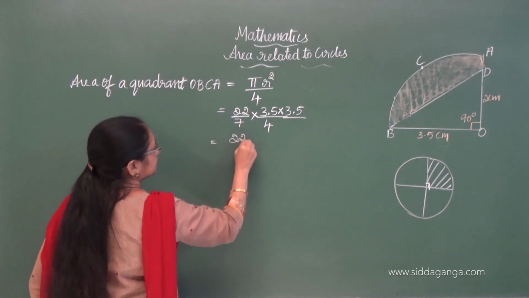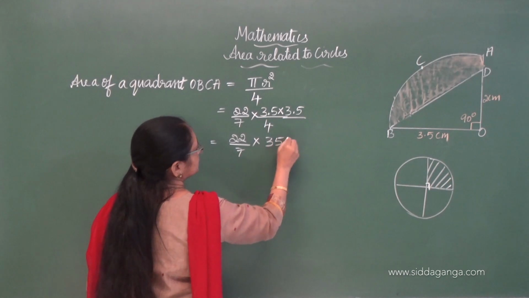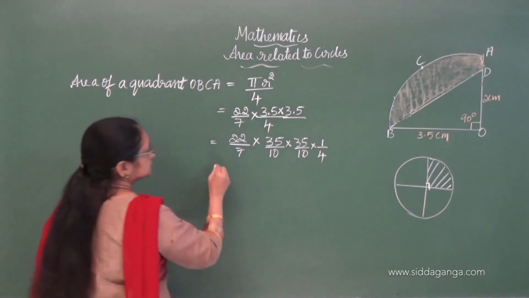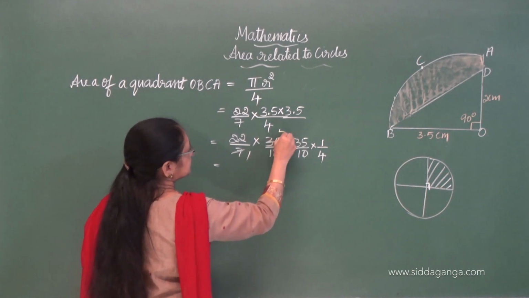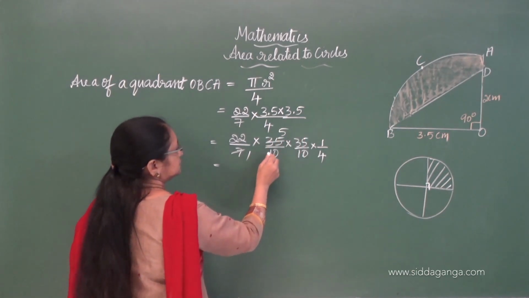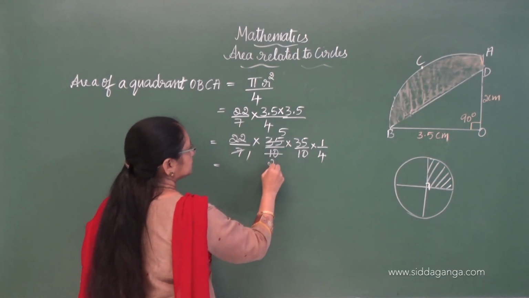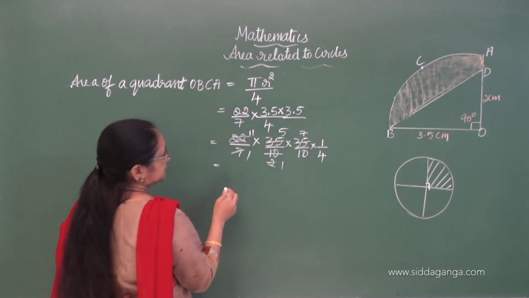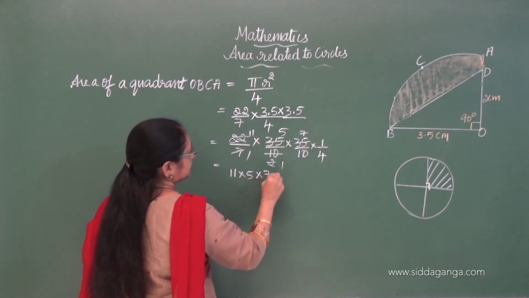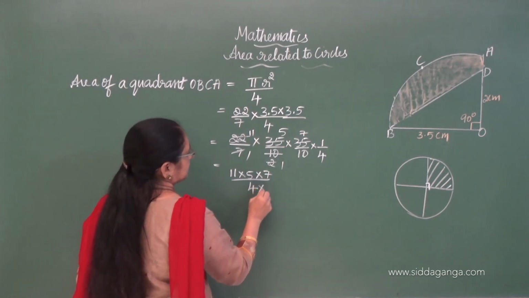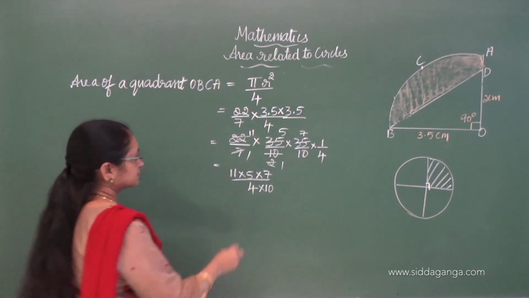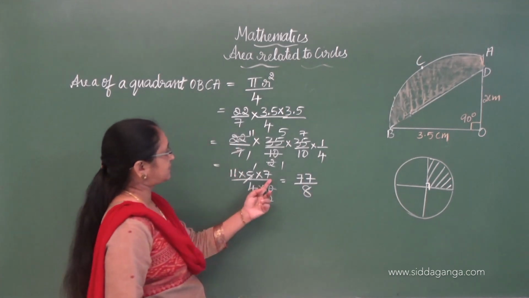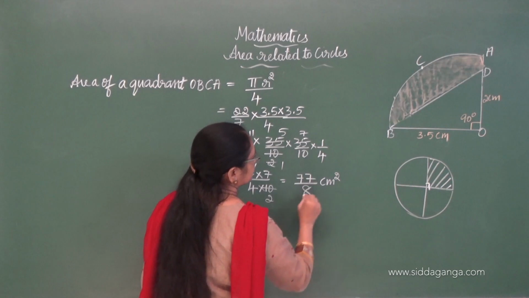Now 22 by 7, so for convenient purpose what I will do is 35 by 10 into 35 by 10 into 1 by 4. 7 ones are 7, 5 sevens are 35, then again 5 twos are 10, 5 sevens are 35, 2 ones are 2, 11s are, so what remains is 11 into 5 into 7 divided by 40, then again we can cancel 5, so 77 by 8 centimeter square.